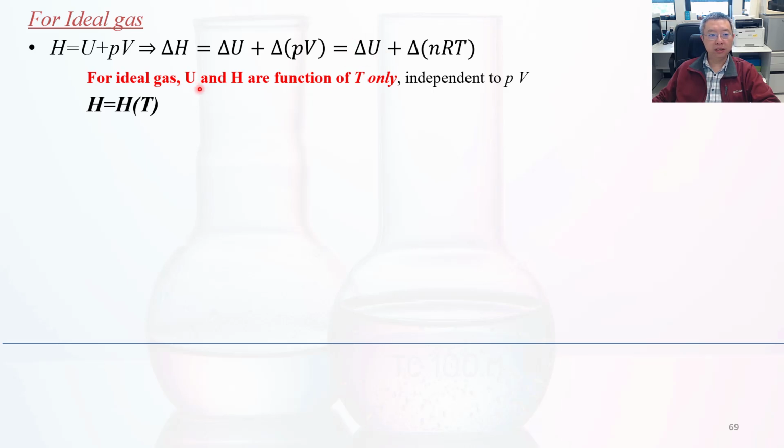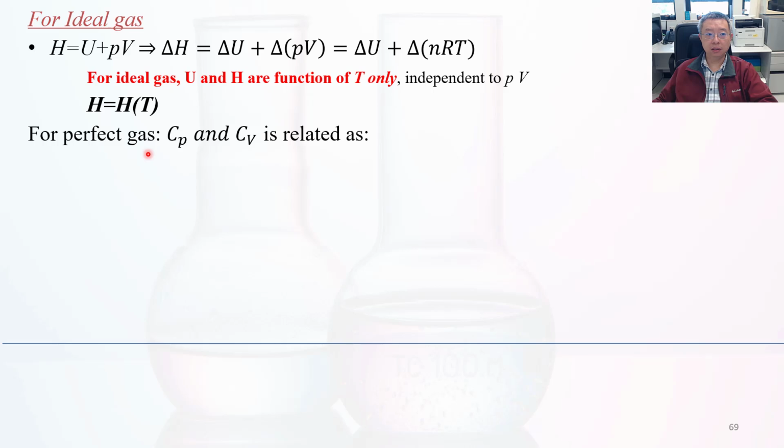We know for perfect gas, U is only a function of temperature, and H is only a function of temperature as well, not depending on P and V. This only holds for perfect gas because there are no forces or interactions between molecules. So we can write H is equal to H(T), only a function of T.